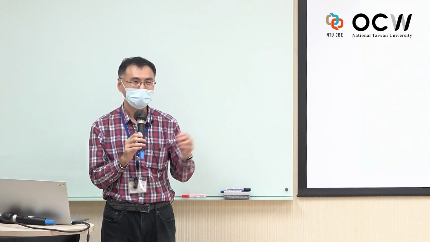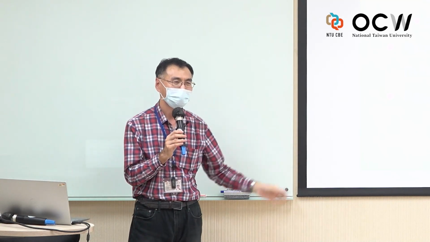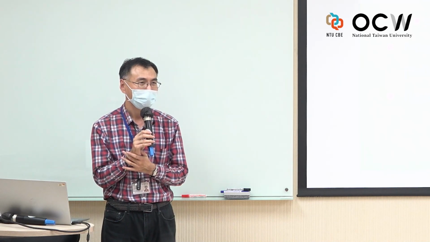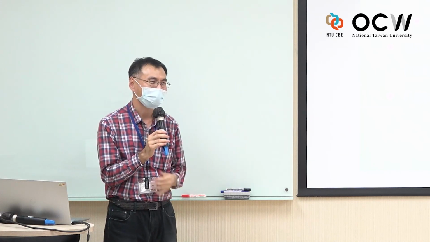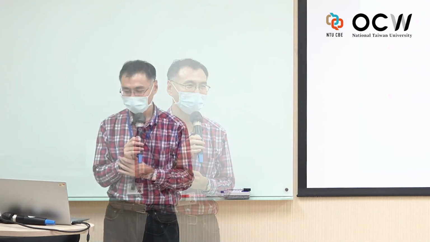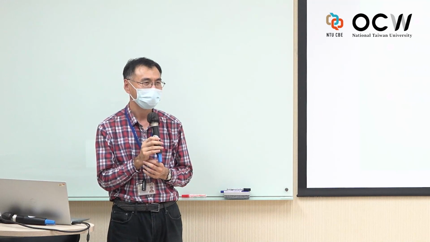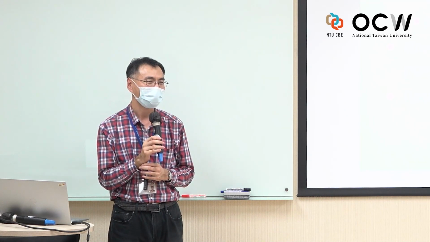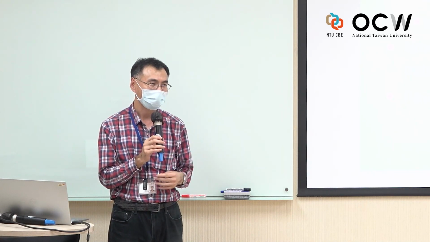And Taiwan is one of the leading countries with almost full coverage of national health insurance. It's very cheap. I cannot say it's free, but it's very low anyway. It only takes like 6 or 7% of the GDP in Taiwan. Yeah, but there are still a lot of issues about allocation of resources. Like most of the money was spent in the last 30 days of people's life in Taiwan.